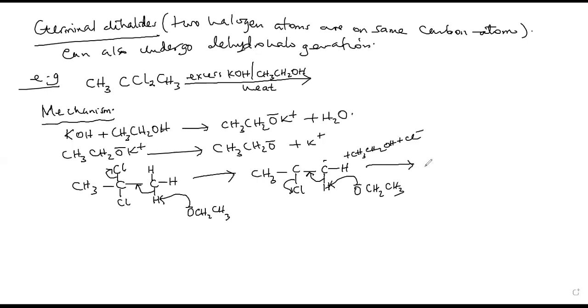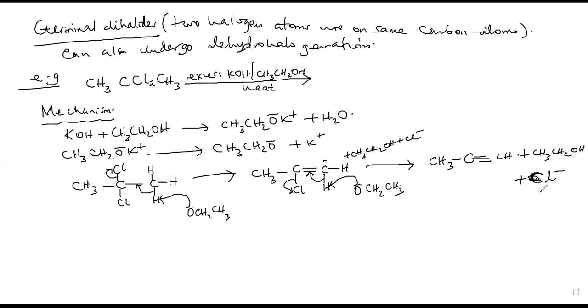So this one will lead to the formation of CH. Here we had a double bond, so he has added another bond. So we shall have CH3, triple bond, CH, plus ethanol and Cl-. So all those are dihalides.